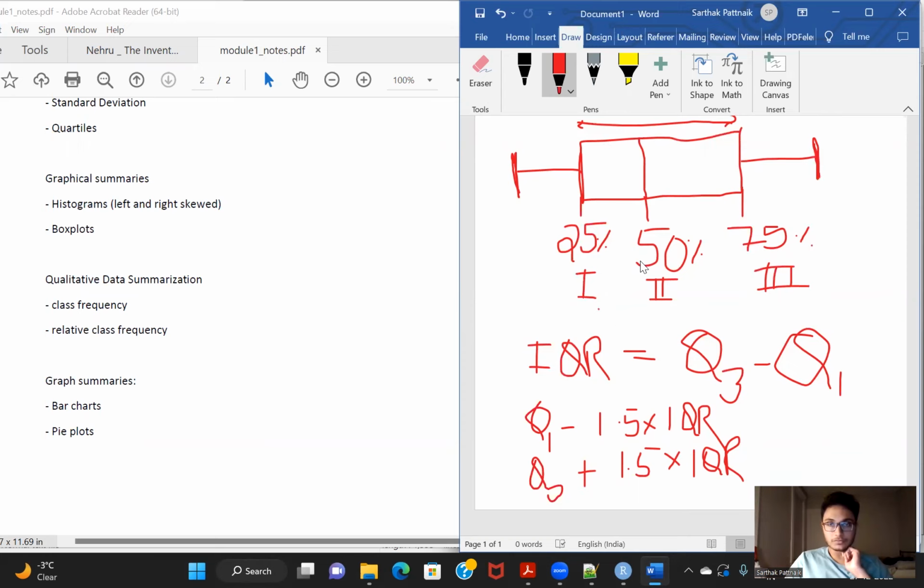Okay. So the significance of these extreme values is that anything that lies beyond this is referred to as outliers. So if I have a point which is, let us say, greater than Q3 plus 1.5 into IQR, and it lies somewhere over here, then it will be an outlier.